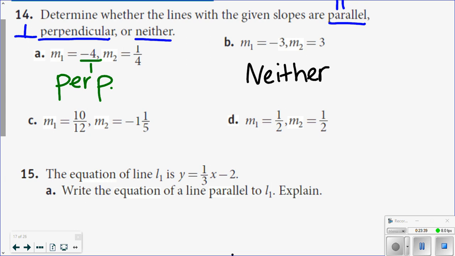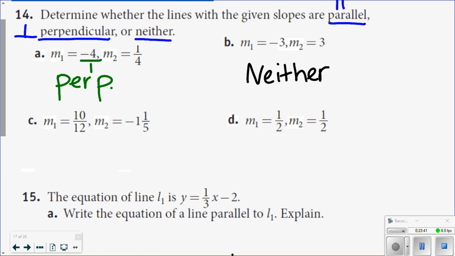Question C. I forgot about how tricky this one was. Sorry. Let's reduce this first slope. So 10 divided by 2 is 5. 12 divided by 2 is 6. Sorry about this.